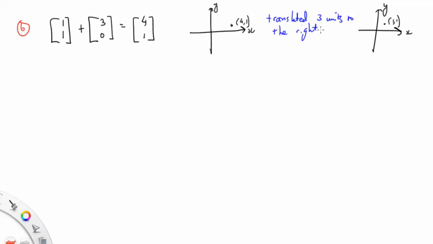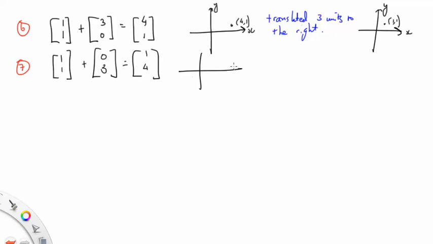Notice how I'm talking about units here. So dilation is about stretching by multiples. It's multiplicative. Translations are about adding and subtracting. So you're moving a certain unit. Very important. And you can guess what the other one's going to do. So let's go 1, 1 plus 0, 3 gives us 1, 4.